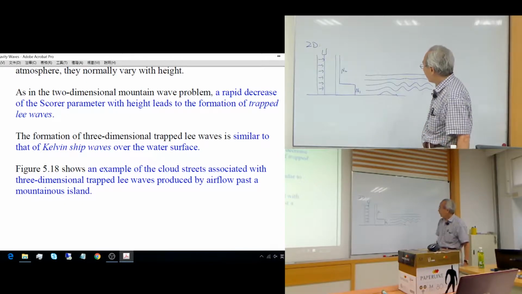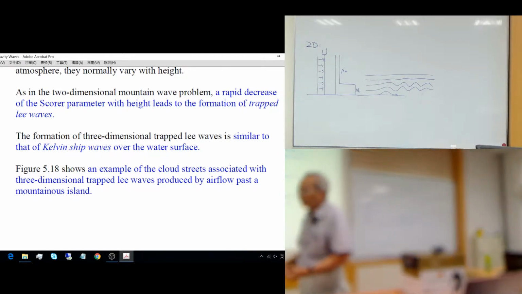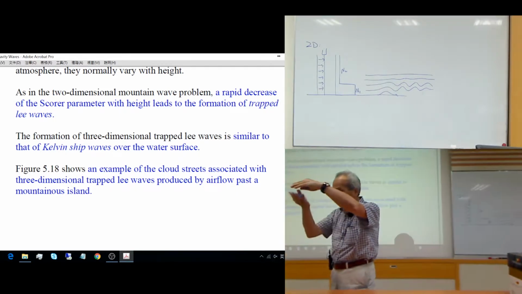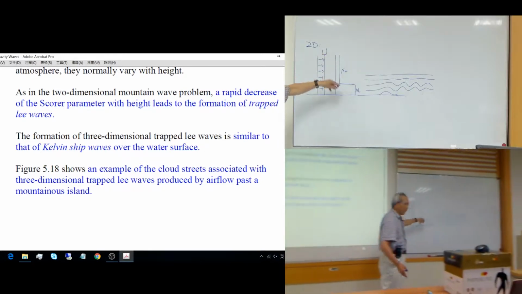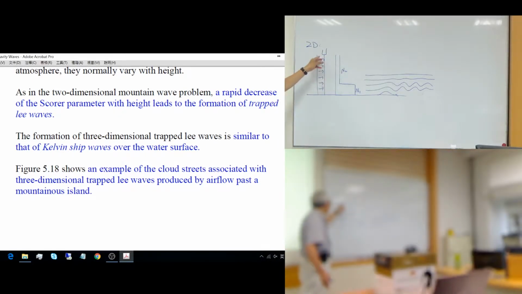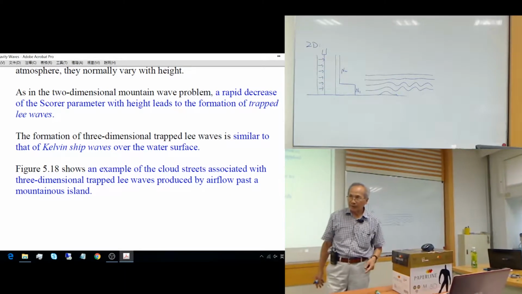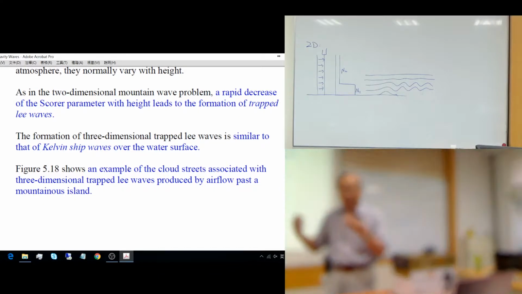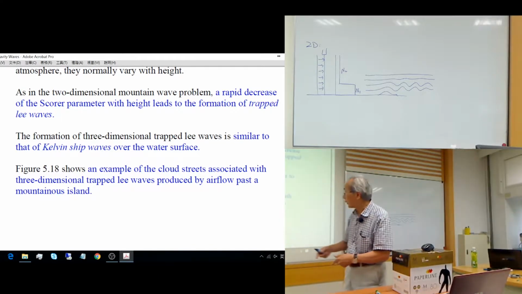Now if we allow N to vary, or N constant and U varies, then for three-dimensional flow we can also get Lee waves too.